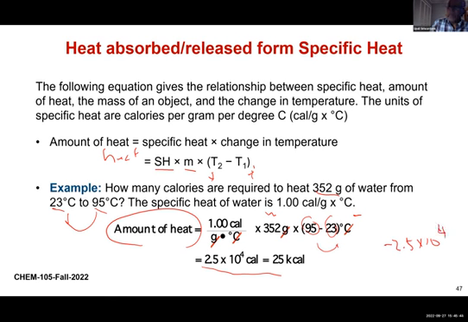Negative heat is heat given out, which is called exothermic.